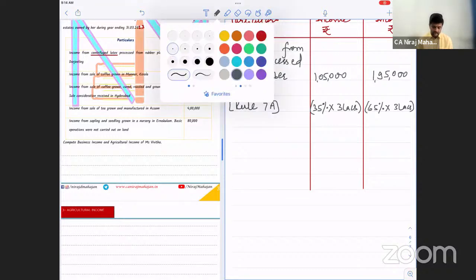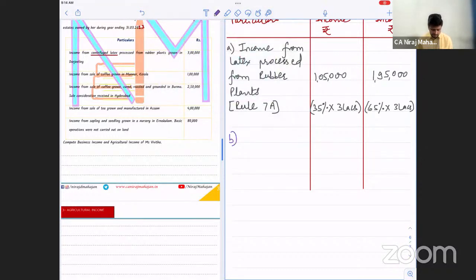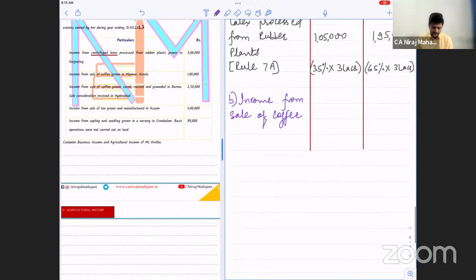Okay, all fine. Next one. Income from coffee grown in Munnar. Sale of coffee, let us say. But it's normal coffee, not special coffee. So which rule will I take? Rule 7B1. Correct? Rule 7B1. So it is a more raw coffee or a purer coffee.